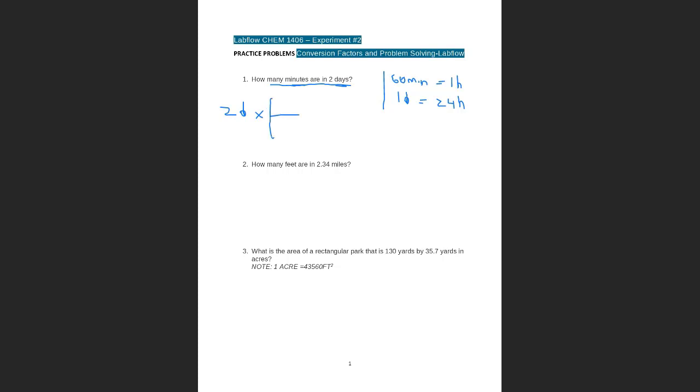The first conversion factor, I need to cancel days. I have days here. I don't want to see it in days. I want minutes. But because the equality that I have with days is with hours, I will use this one first. And I want days to cancel. So whatever is to the left of the equal, I will write down, 1 day, because I want day and day to cancel.